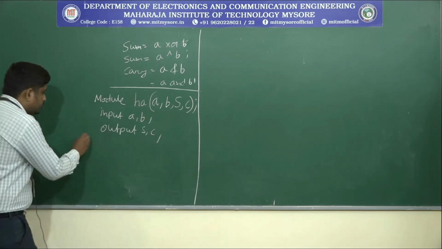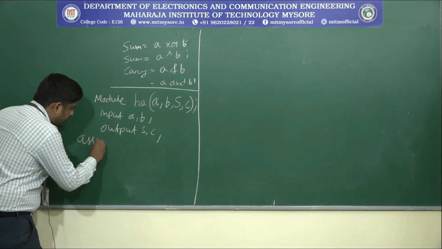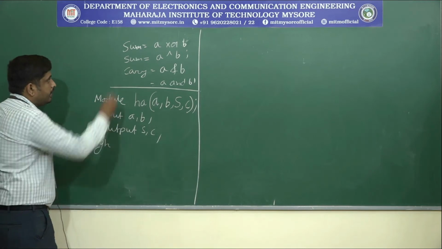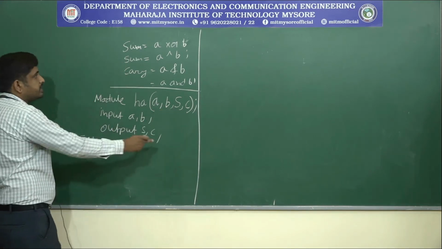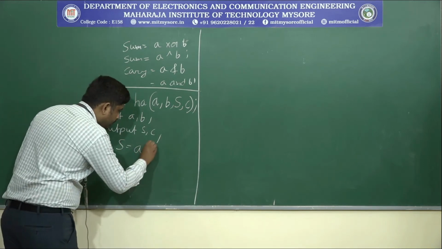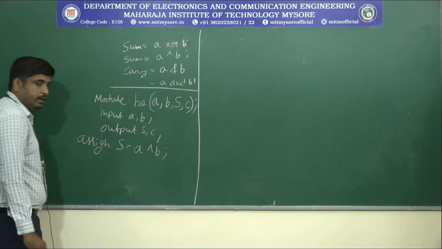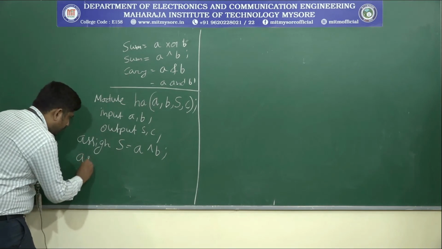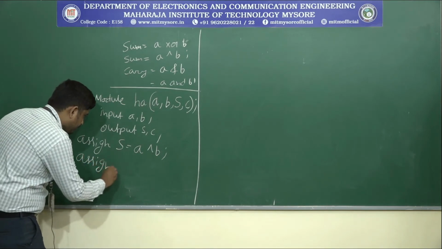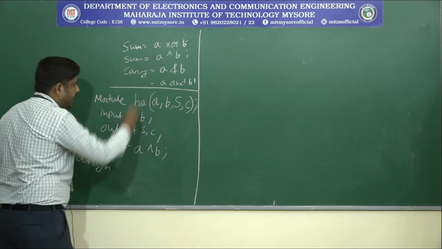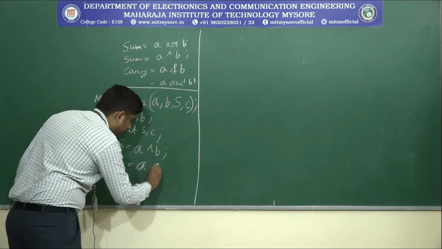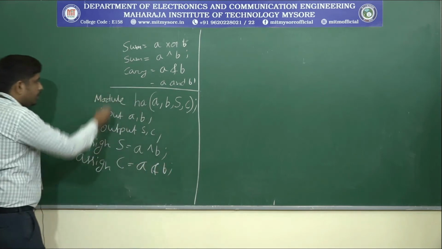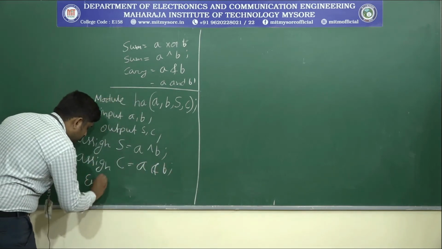Assign is a predefined word. Assign S is equal to A XOR B. Next, again we use assign, assign C is equal to A and B. Then end module.